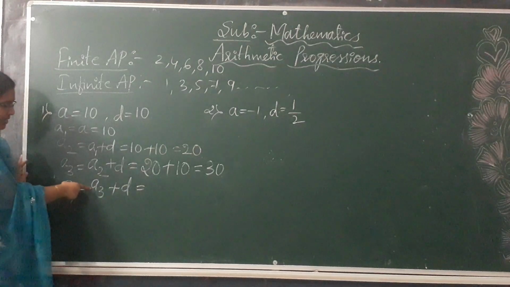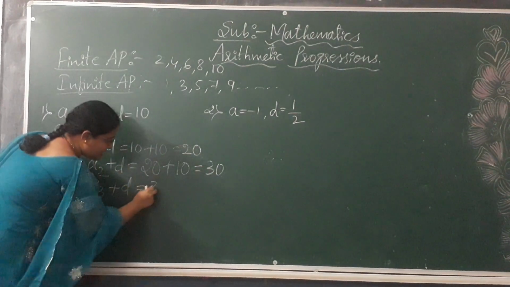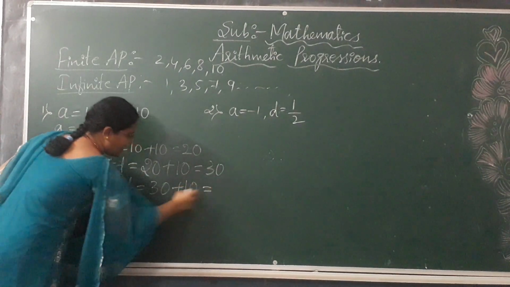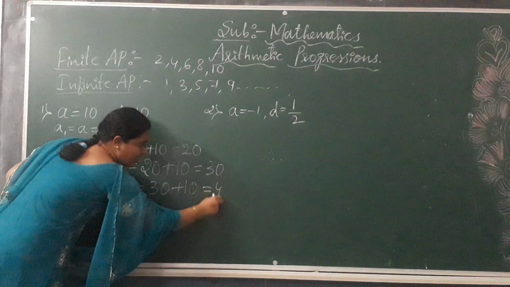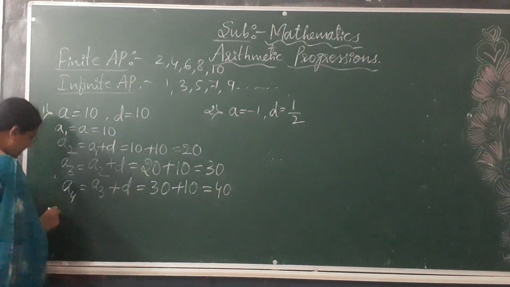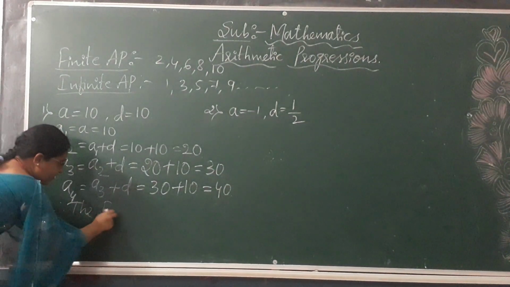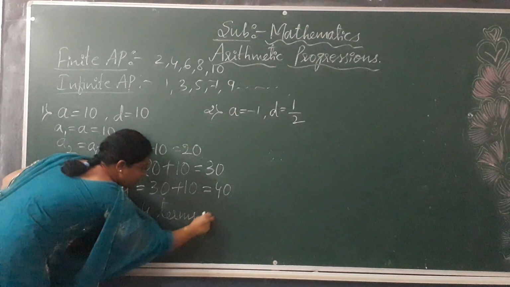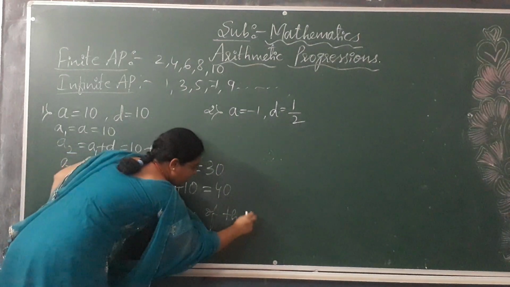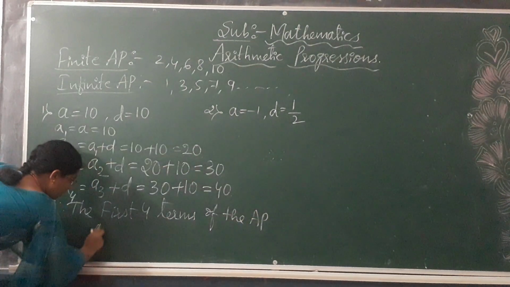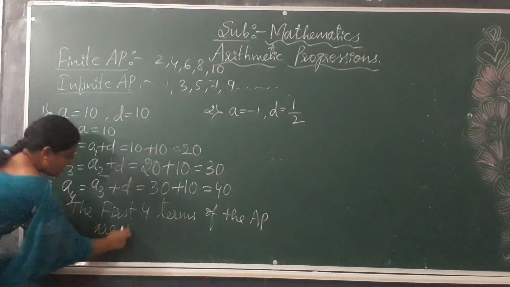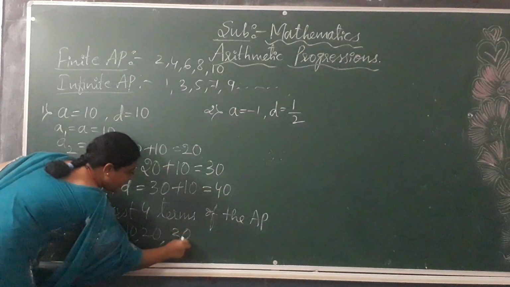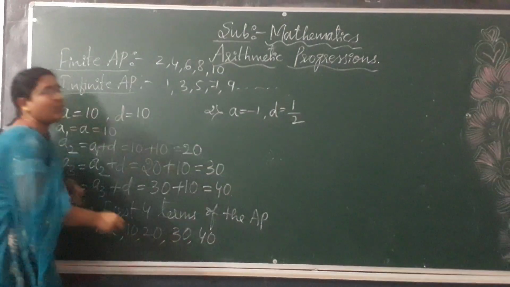A3 we got, that is 30, plus common difference is 10. Add these two, we get 30 plus 10 equals 40. Therefore the first 4 terms of the AP are: first term 10, second term 20, third term 30 and fourth term 40.